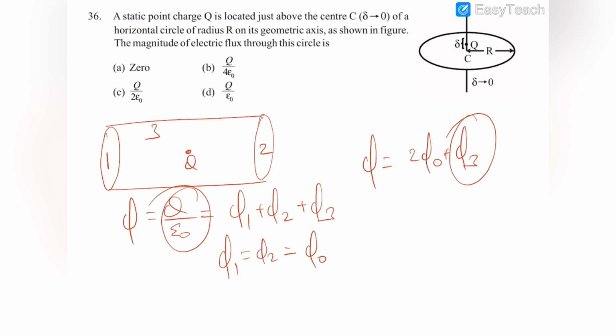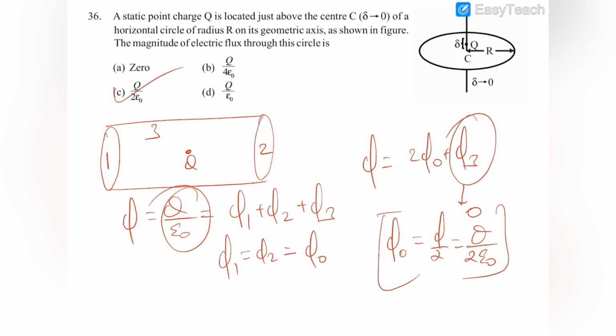So we can neglect this flux, and we can say that phi naught will be phi by 2, and phi by 2 will be q by 2 epsilon naught. So the flux of any single ring is equal to q by 2 epsilon naught. So the correct answer will be option number C.